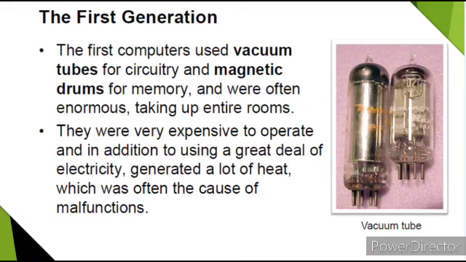They were very expensive to operate, and in addition to using a great deal of electricity, generated a lot of heat, which was often the cause of malfunctions. Dear children, it was the only reason to change its generation.